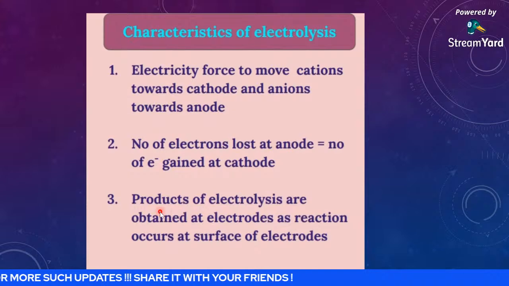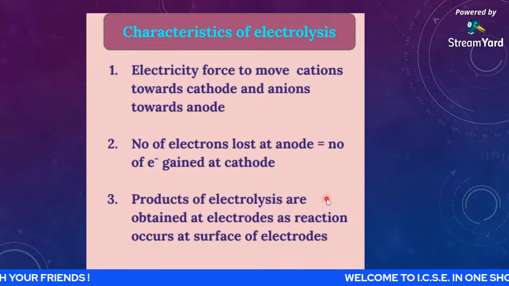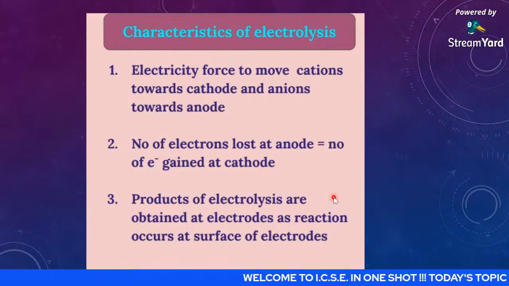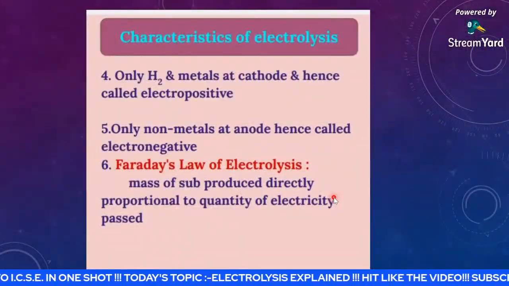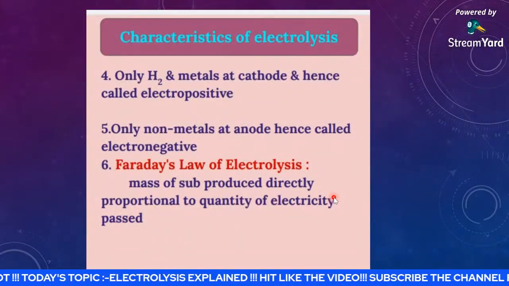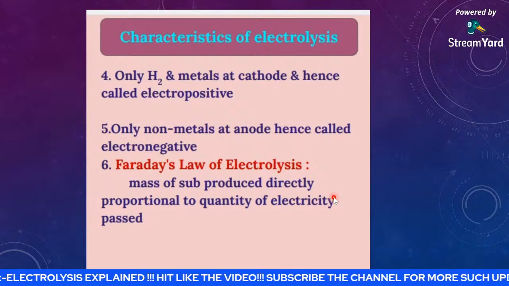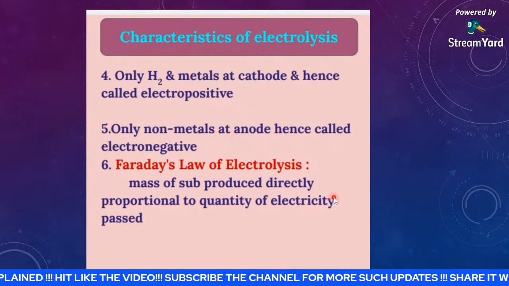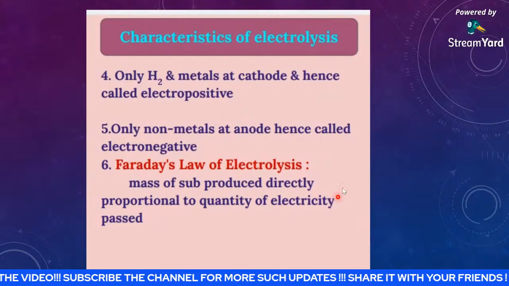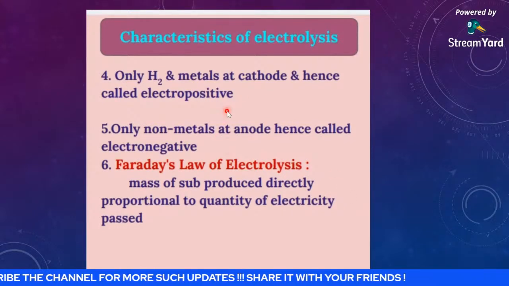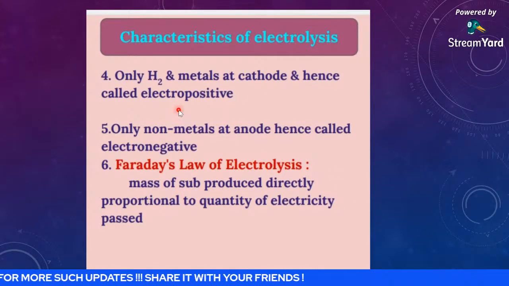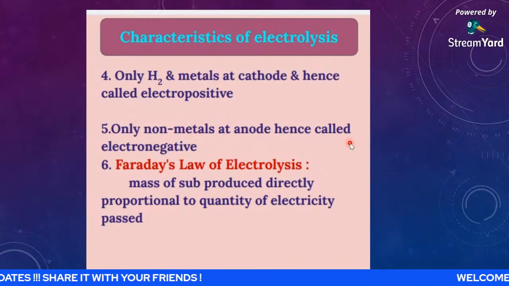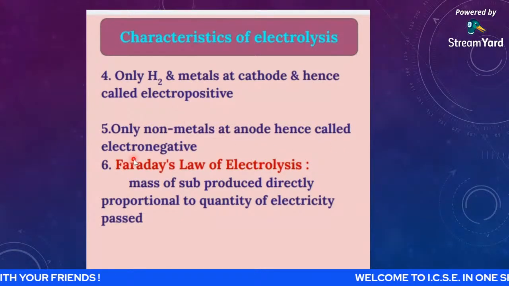Products of electrolysis are obtained at the electrodes, as the reaction occurs at the surface of the electrodes. This is a surface phenomenon. Only H2 and metals are formed at the cathode, hence they are called electropositive. Metals are positive in nature, and only non-metals gain electrons at the anode, therefore they become electronegative.